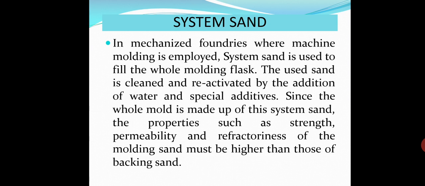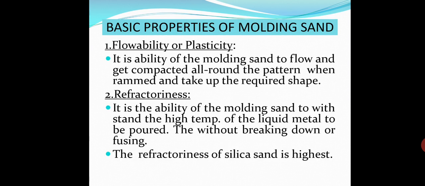There we used different sands, parting sand and facing sand. But in this case, as the whole mold is of only one type of sand, that is system sand, it has more strength, permeability and refractoriness than backing sand. So this is all about the different types of sand which are used in preparation of the mold cavity.